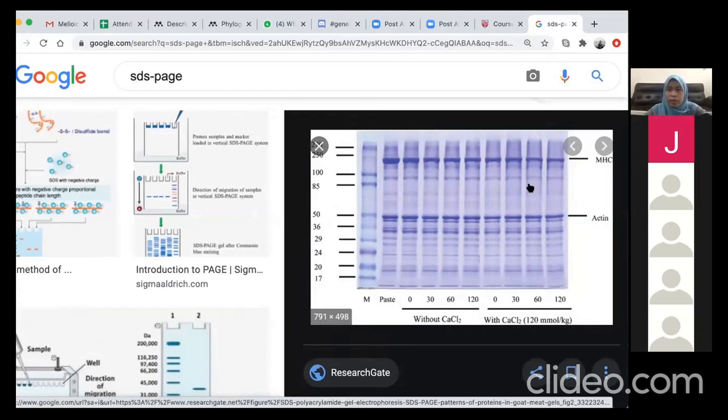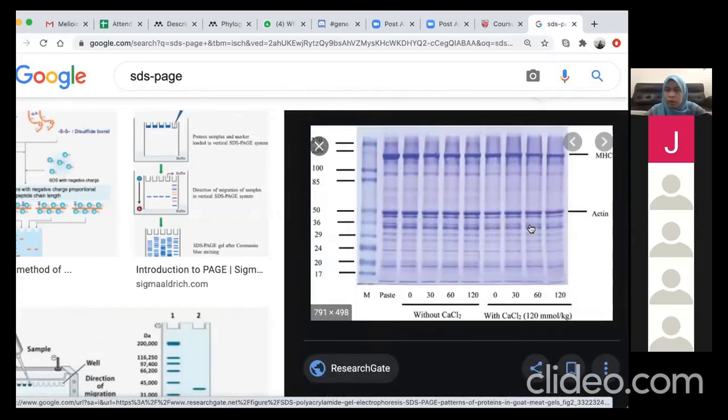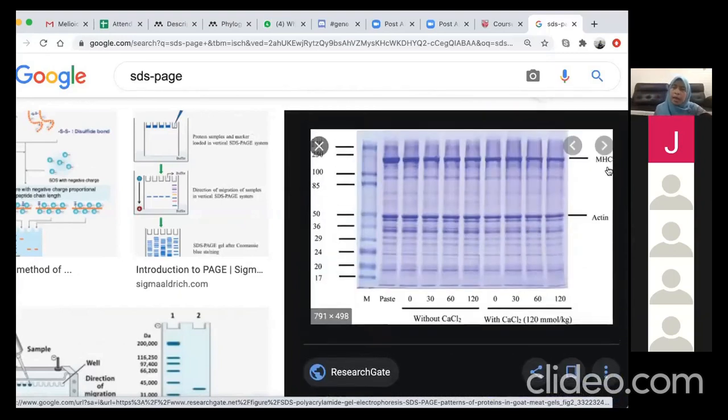Now we can see here they are studying the MHC protein and also the actin. Initially, before they start doing this, they know the size of MHC and the size of actin.